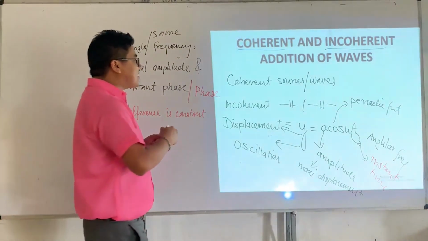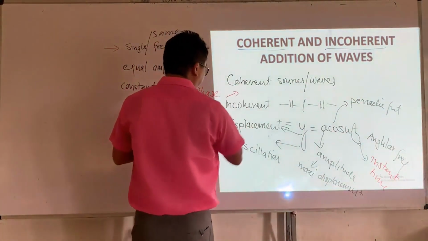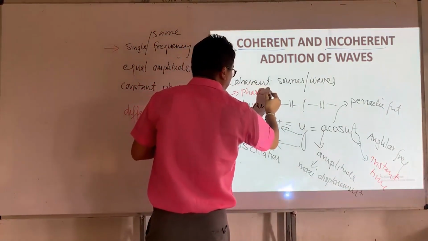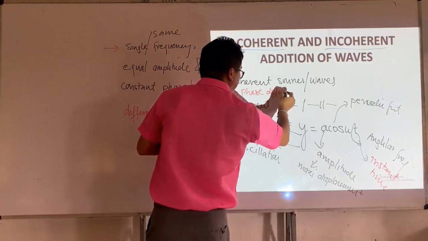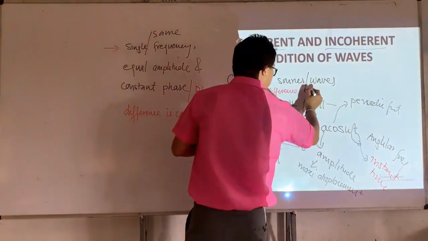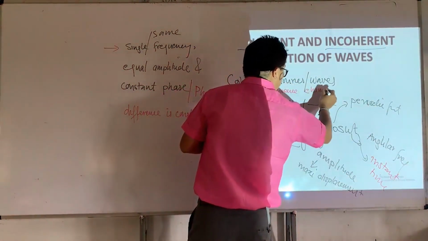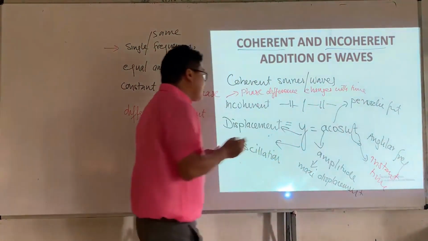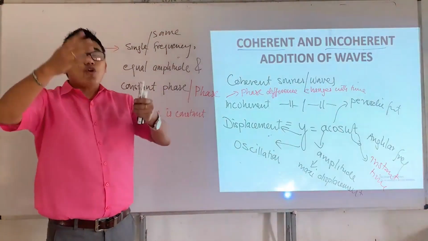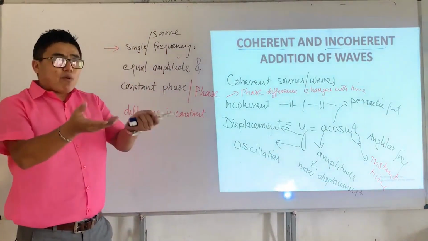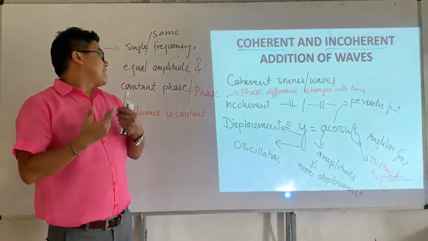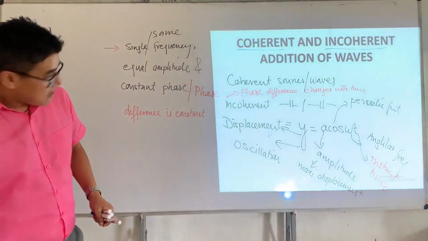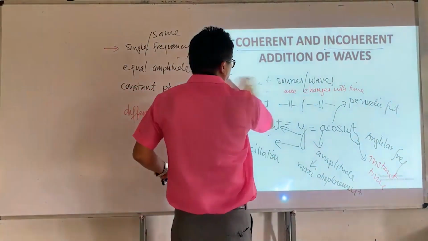If the phase difference between the two waves changes with time at any given point, they are what we call incoherent waves. So this is what we have, coherent and incoherent.